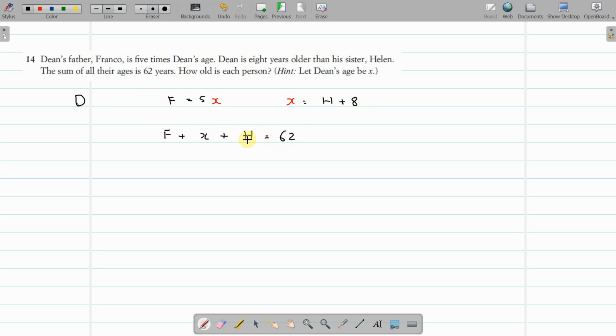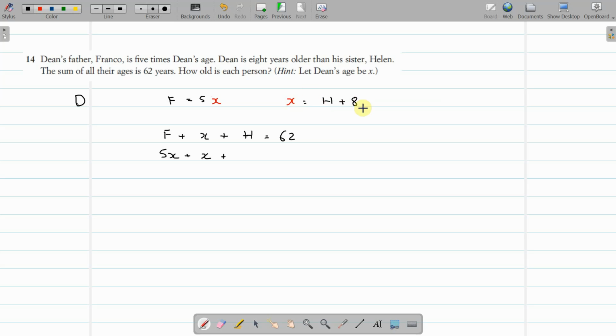Now obviously we can't get anything from that, so we're going to have to put x's in for Franco and for Helen. So Franco is 5 times x, so he becomes 5x, 5 times that's Dean, plus, what's Helen? Helen equals, well, we take away 8, x minus 8.